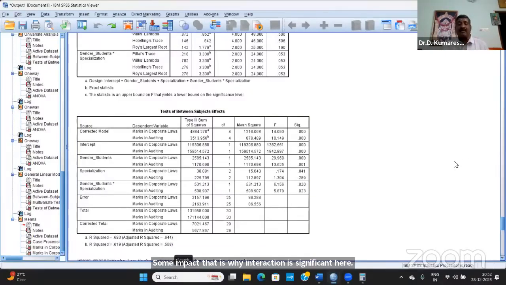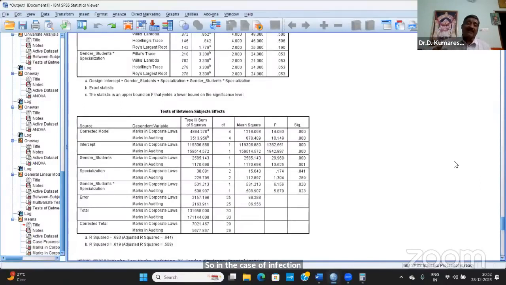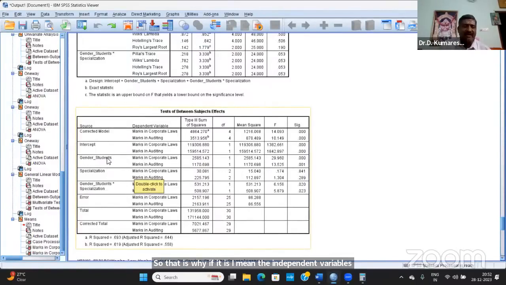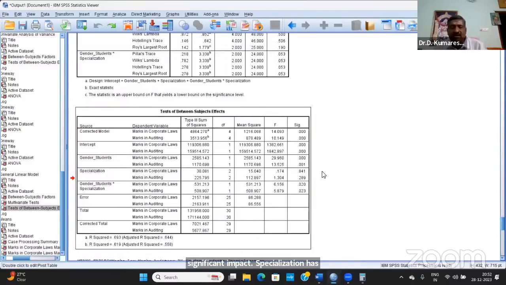So, in the case of interaction, that significance or not is determined by the significance of all the independent variables. Here, gender is independent variable number one that has made a significant impact. But specialization has no significant impact.